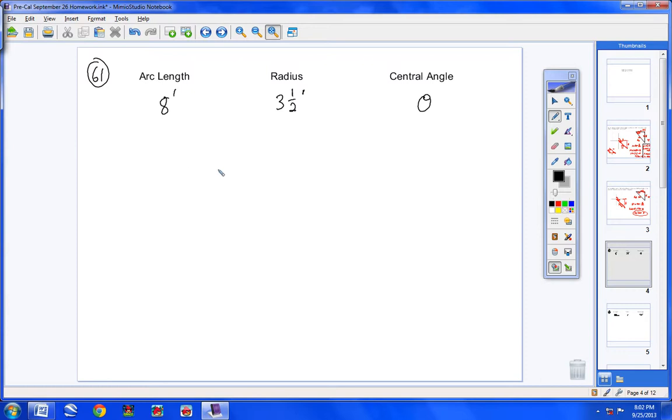We know the formula we're going to use is theta equals S over R. Now, theta equals S, arc length would be 8, R, radius would be 3.5. So with your calculator now, we're going to type into it 8 divided by 3.5. And if you do that correctly, you will get 2.29.